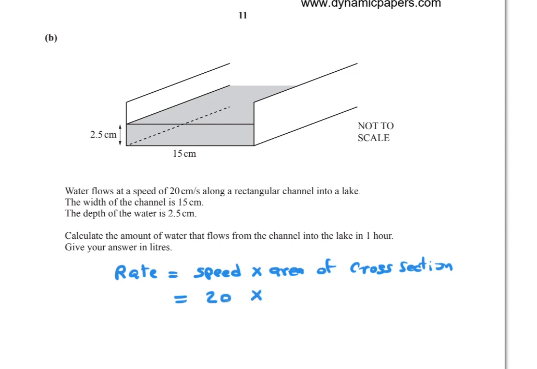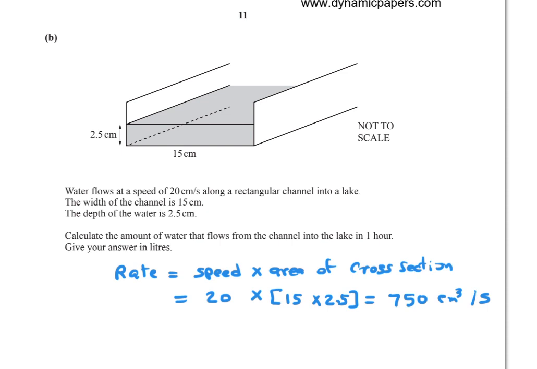So 20 times the area of cross section. The area for this rectangle is 15 times 2.5, which equals 750 cubic centimeters per second. So this is the amount in 1 second.